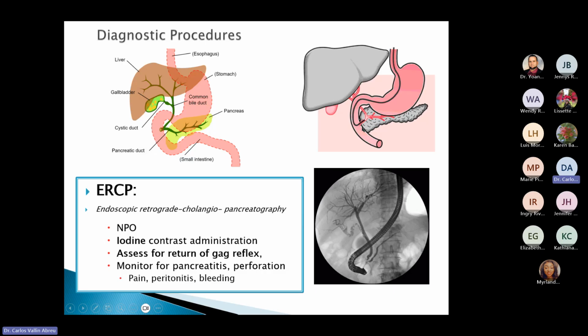But once the endoscope is in the duodenum, a catheter is introduced in the common biliary duct, and iodine is injected backward, retrograde, in the biliary tree and in the pancreatic duct. This is the ERCP.